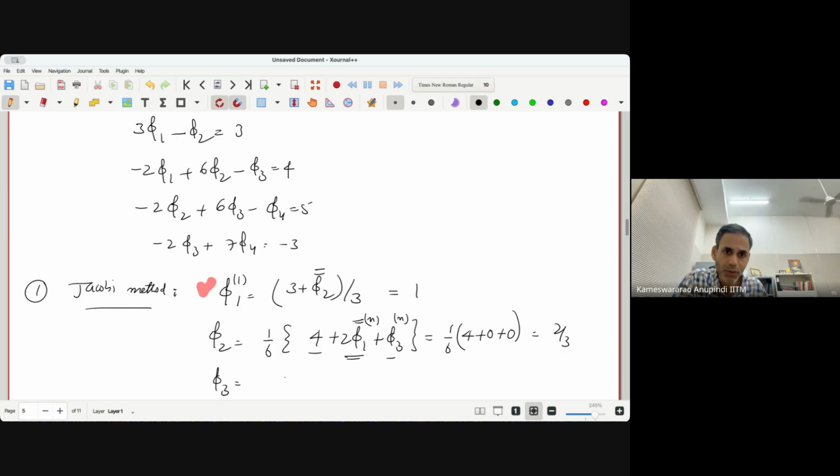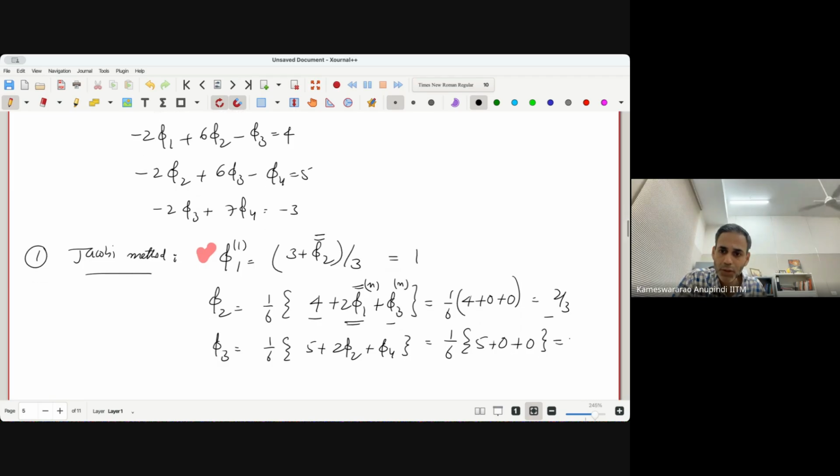Similarly, phi3 is going to be 1 upon 6 of 5 plus 2 phi2 plus phi4. Now you can see phi2 I have already obtained as 2 by 3, but I'm still not going to use it because it is point Jacobi. I'm just going to use 0 and 0, which are the initial values.